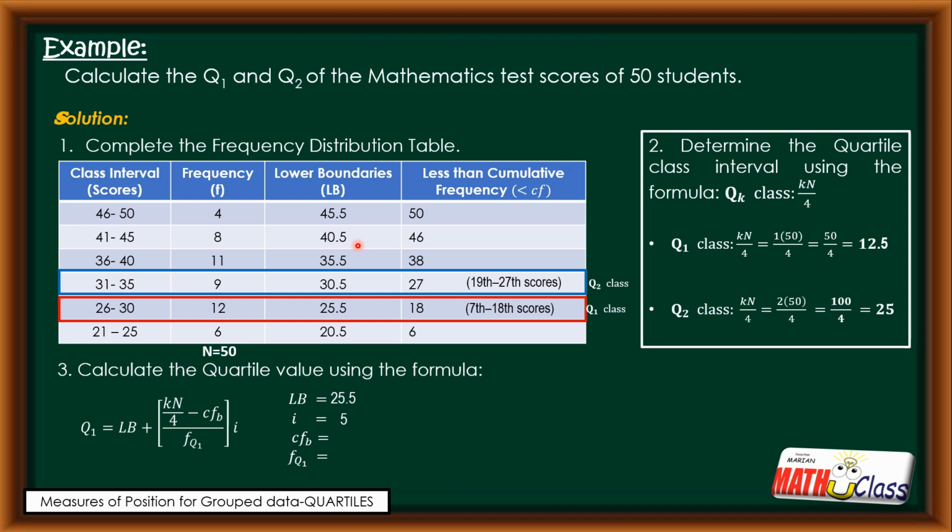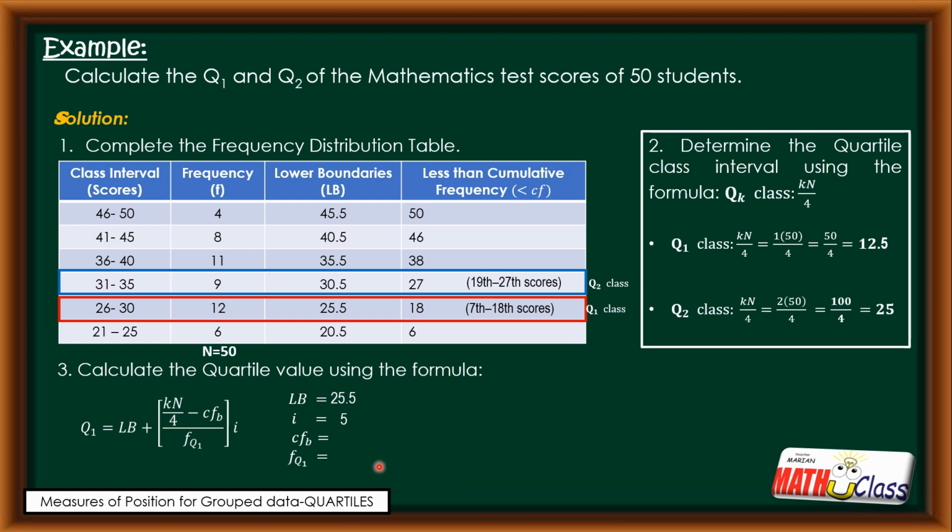Depending on the author, we can also use the difference between the lower limits of two consecutive classes as the value of the class interval. Let us take these two consecutive lower limits, 26 and 21. 26 minus 21 is equal to 5. Still, we will arrive at the same answer. In other words, you can use either way in getting the value of I, or the size of the class interval.